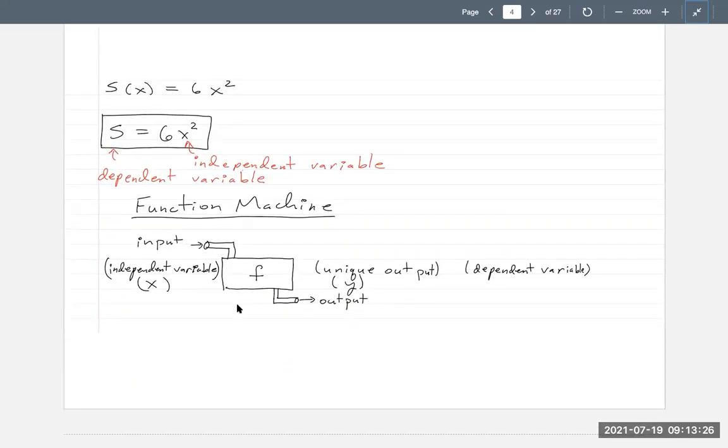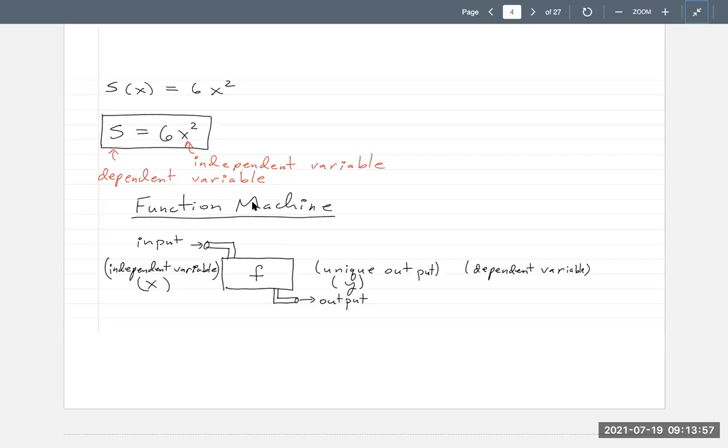Let's look at another concept of a function, the function machine. We have some input, and then we have some function machine here that somehow does something and gives an output. We can think of the function machine as a vending machine.